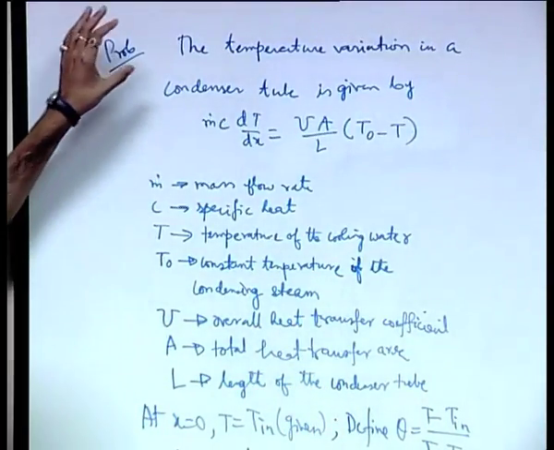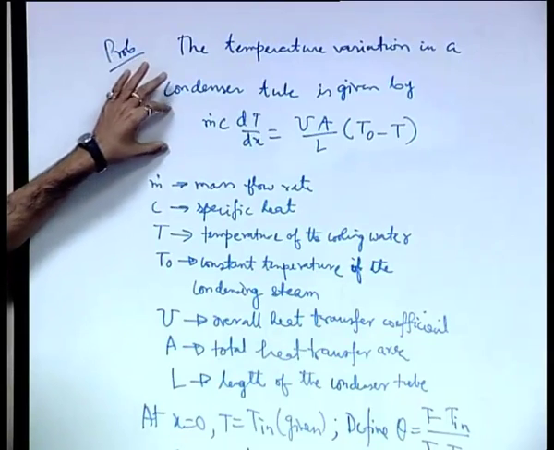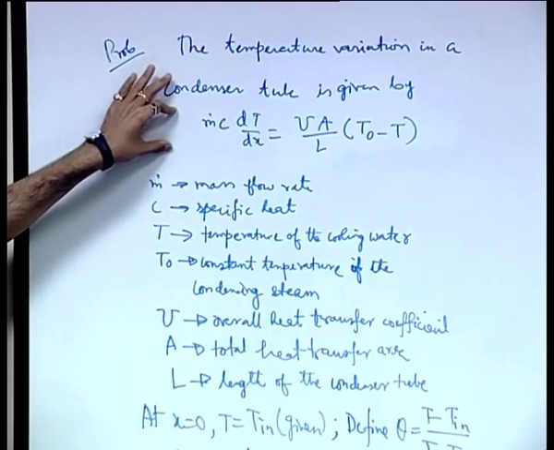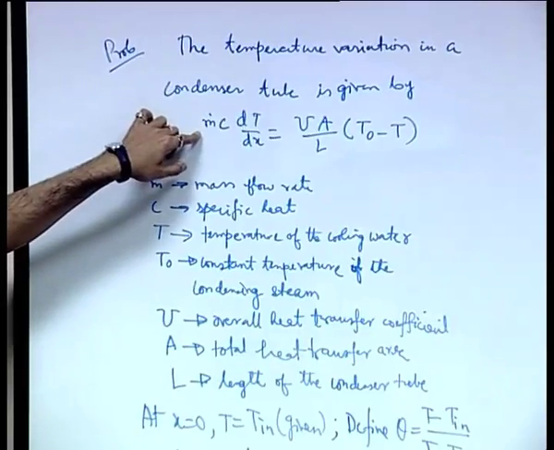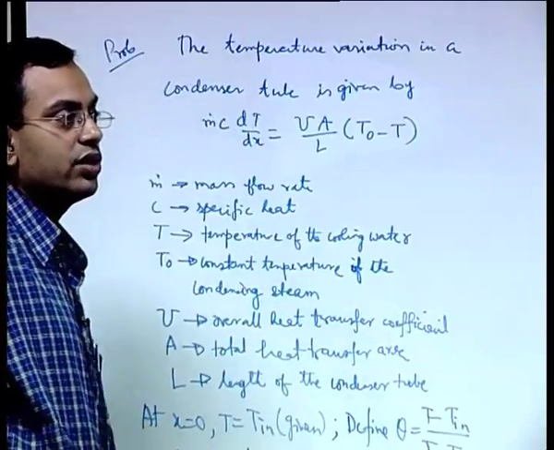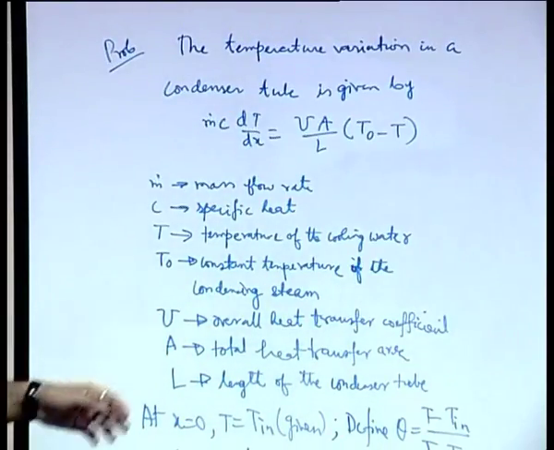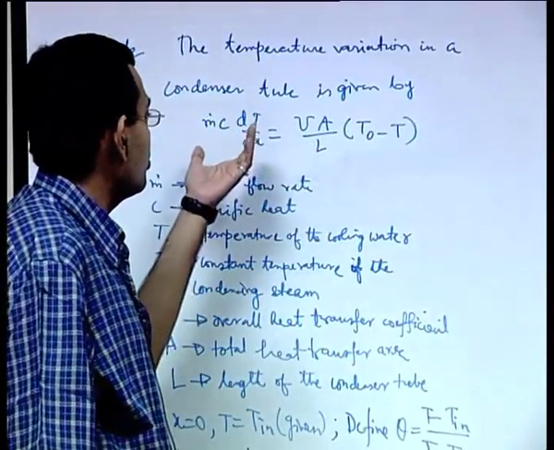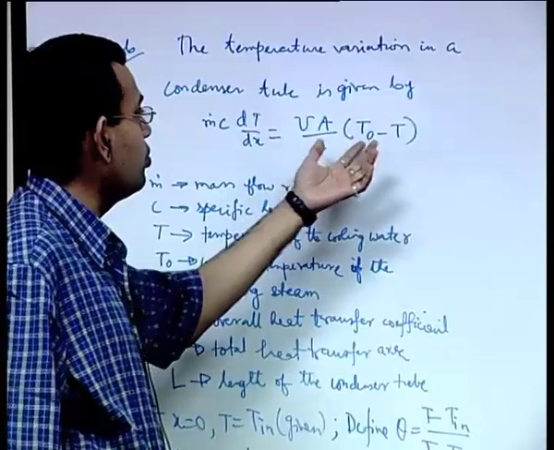So, the temperature variation in a condenser tube for the cooling water is given by this formula, m dot c dT/dx, where x is the axial coordinate of the condenser tube, that is given by U A by L into (T0 minus T).